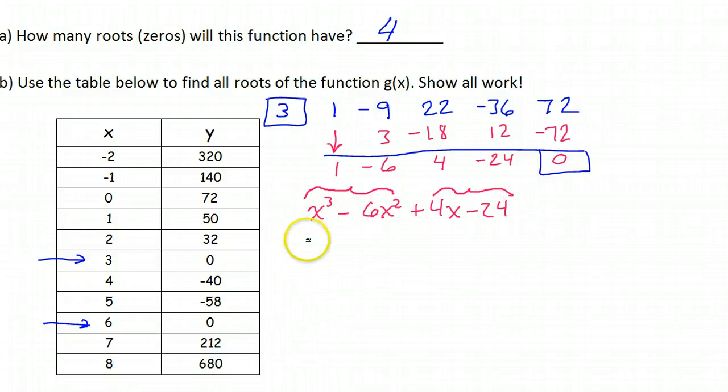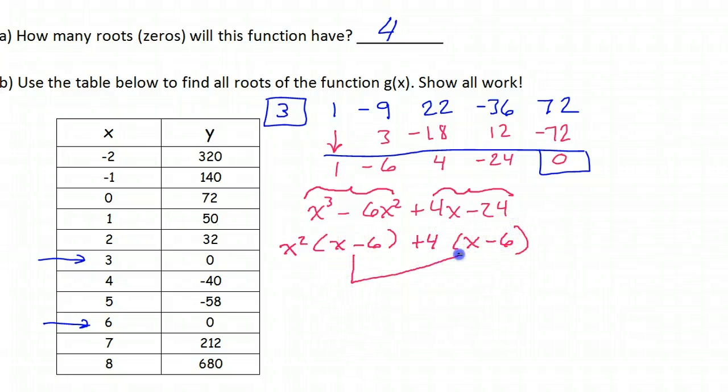The GCF here would be x squared, and that's going to leave behind x minus 6. Over here the GCF is 4, and that's going to leave behind x minus 6. Okay, if I pull out the x minus 6, then that's going to leave behind x squared plus 4.